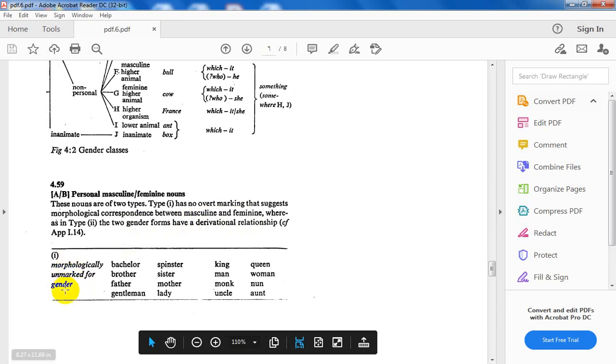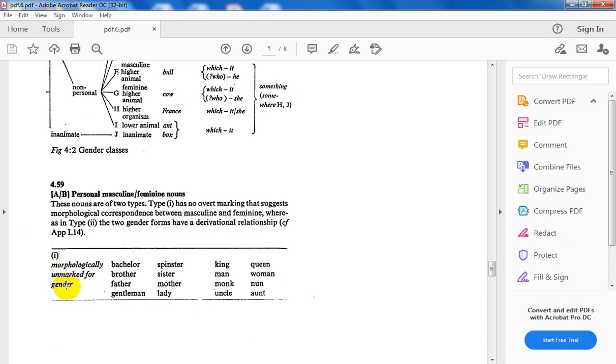Let us take the simplest example in Arabic: أب and أم. Is there any connection between the morphology of أم and the morphology of أب?